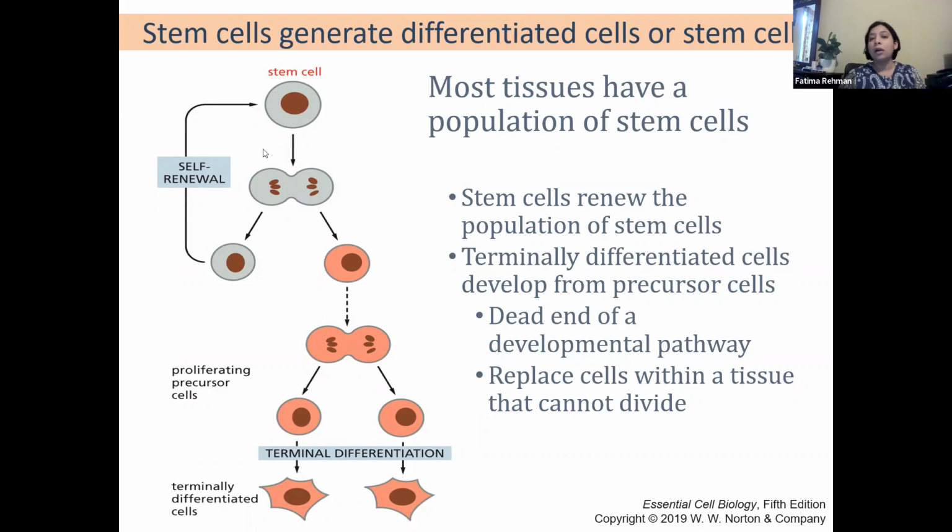So the stem cells are the ones that are renewing the population of whatever organ system you're working with. They are differentiating into terminally differentiated cells that develop from these precursor cells. It's a dead end for those cells. They're not going to continue dividing once they're terminally differentiated, and they will need to be replaced by more stem cells.